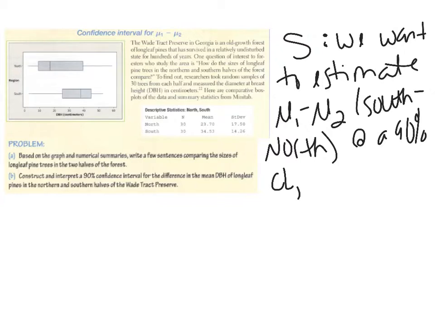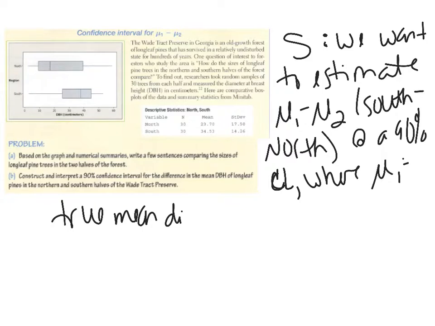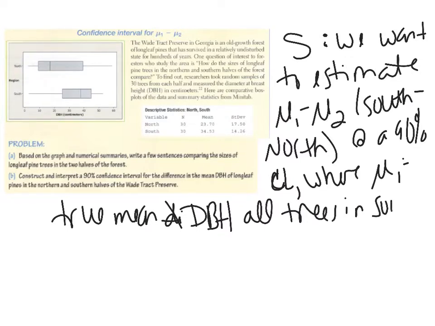Okay, and then I need to define both of those parameters, right? Where mu1 is the true mean diameter, we're going to use their abbreviation, diameter at breast height, of all trees in the southern half of the forest.